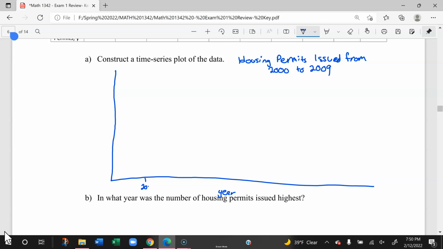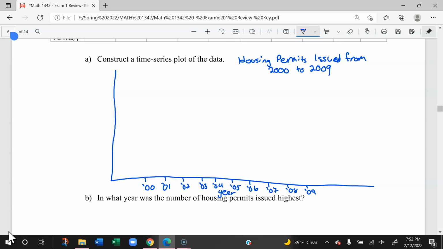Or I'm sorry, this should be 2000, and we're going to go up to 2009. And we're going to keep on going. I try to do it evenly spaced, but it's a little more difficult if you don't have rulers or things like that, so we have to approximate.